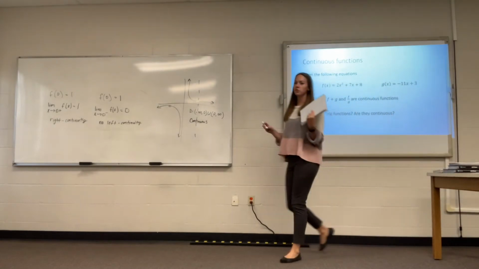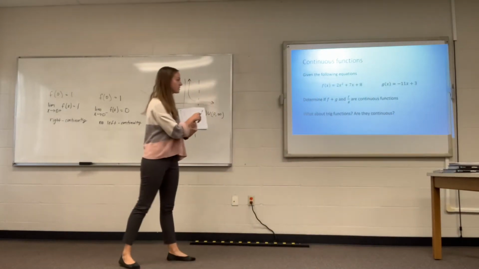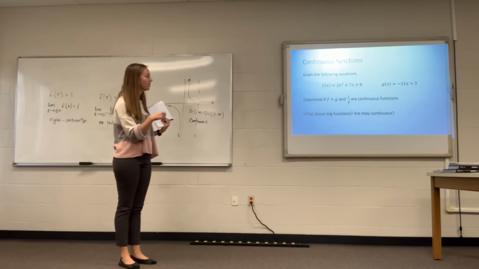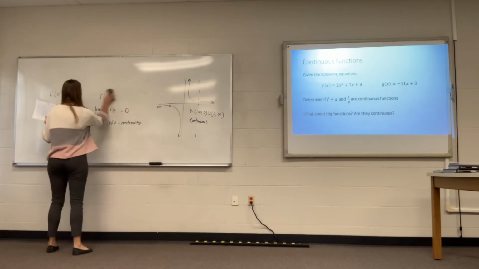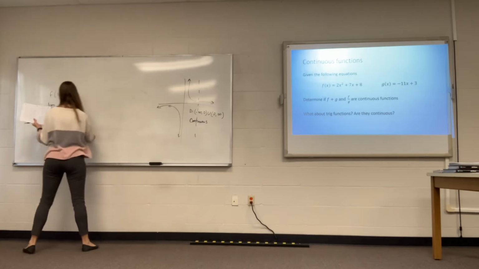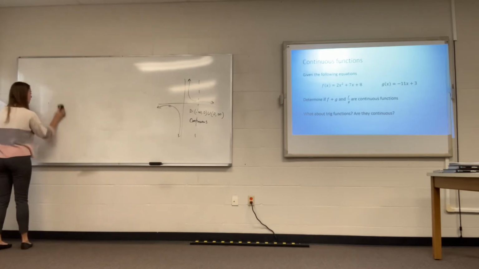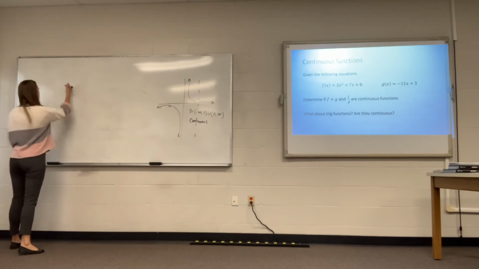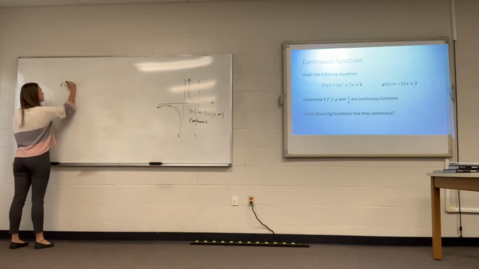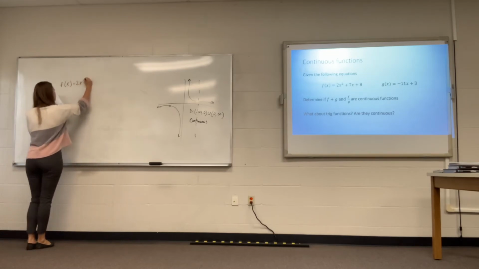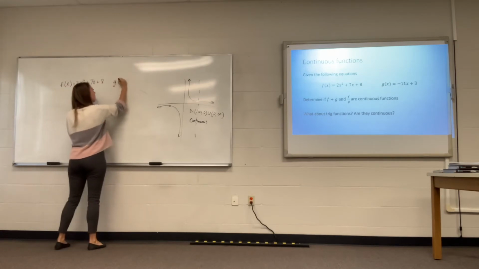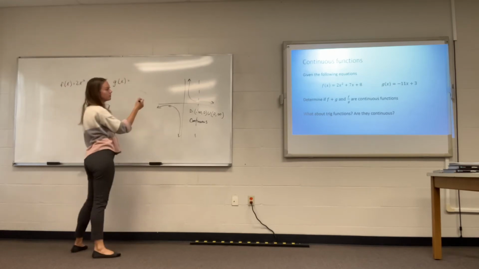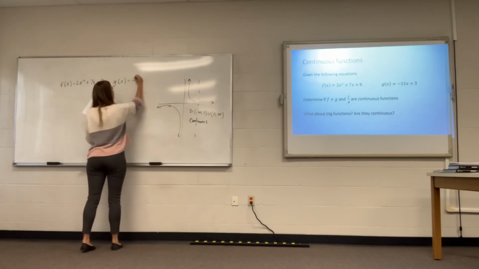Okay, so to do an example, it says given the following equations, f of x is equal to 2x squared plus 7x plus 8, and g of x is going to be negative 11x plus 3.